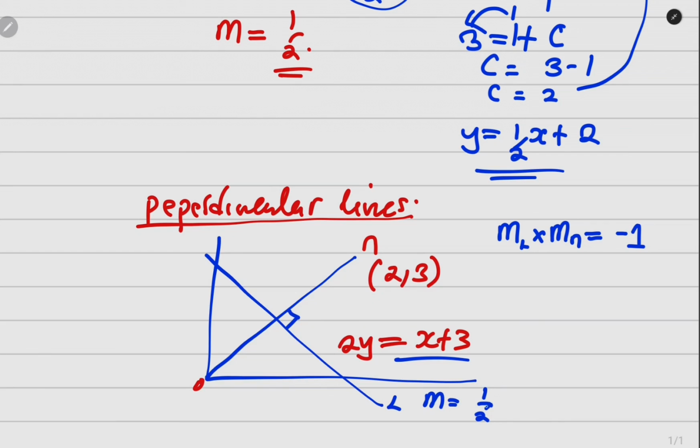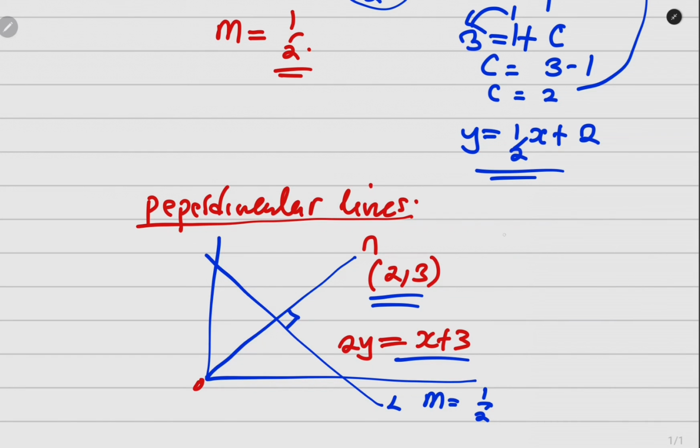Now that we have the gradient for line L, 1 over 2 multiplied by the gradient for line N equals -1. If we cross multiply, mN equals -2. Which means the gradient for line N is -2, and that is the one we are going to use to find its equation.